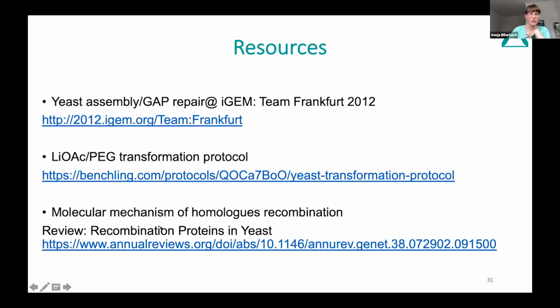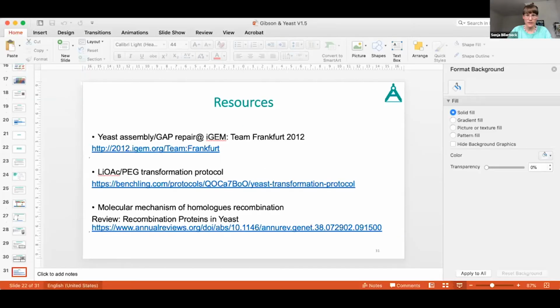I recommend you to start with a very nice review in Annual Reviews in Genetics about recombination proteins in yeast. And with this, I'm going to stop sharing my screen, and we're open for questions.